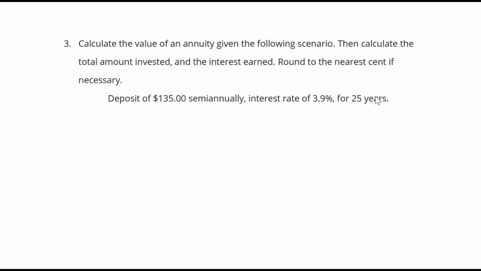So the deposit of $135, that means D is equal to 135. Semi-annually, that means K is equal to 2. That's twice a year. And interest rate R in decimal is equal to 0.039. And then this is N, capital N, so that is 25. Then you plug it into your formula for P sub n.